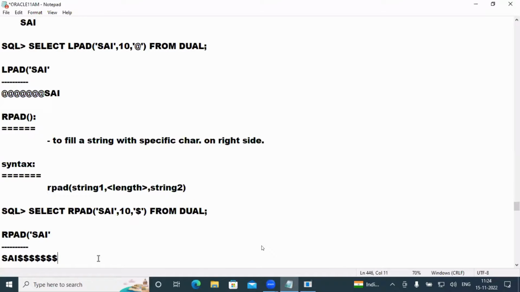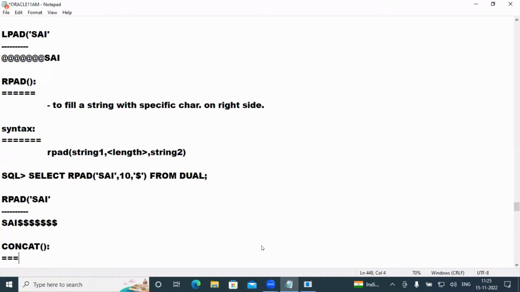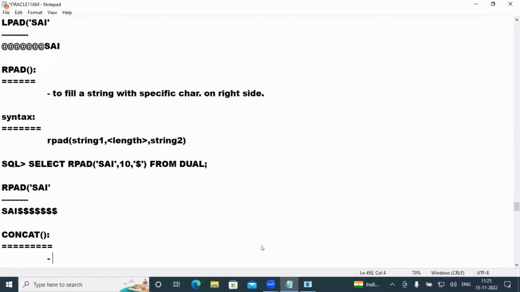Now the next one we call the concat function. What does the concat function mean? This function we use to add two string expressions.